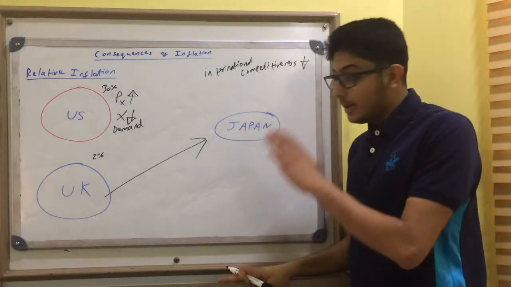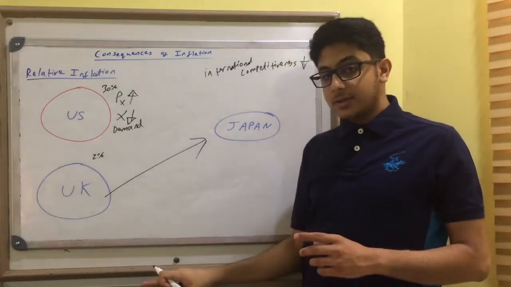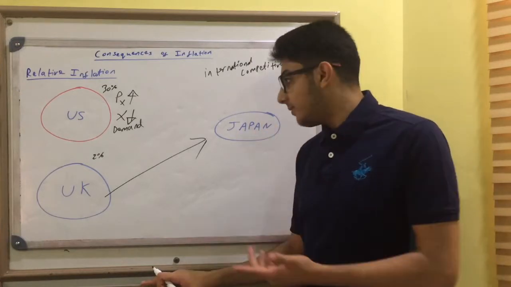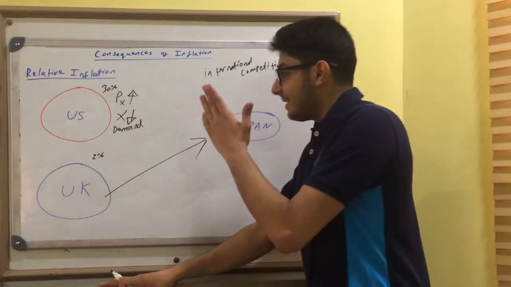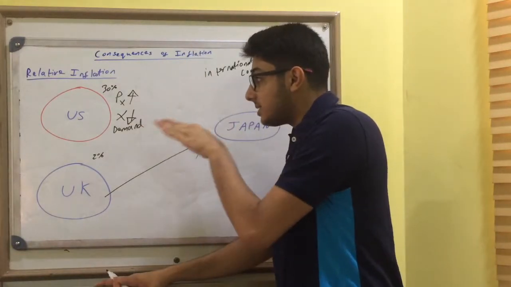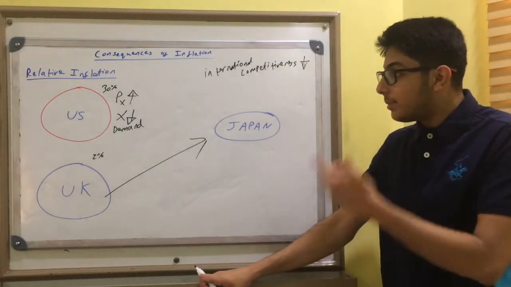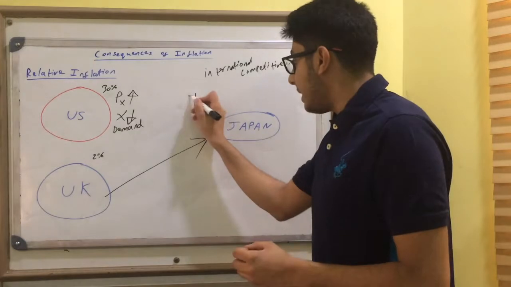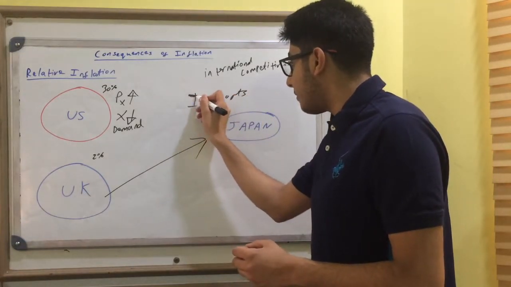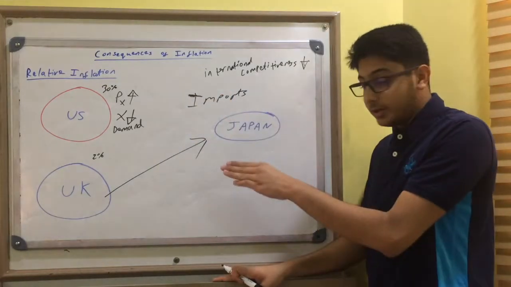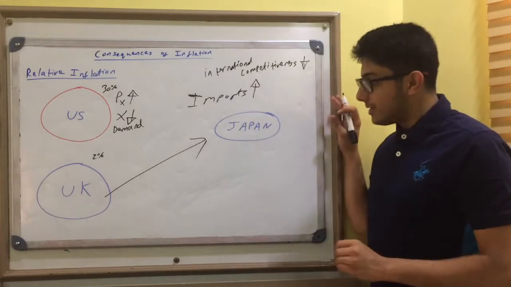Also, if our domestic goods are very expensive because of inflation and the purchasing value of our money is low, okay? So the main thing is, our domestic goods are already expensive. What are we more likely to buy? We're more likely to buy foreign goods, imports, because they're cheaper than buying domestic goods from our own country. So, the demand for imports increases.